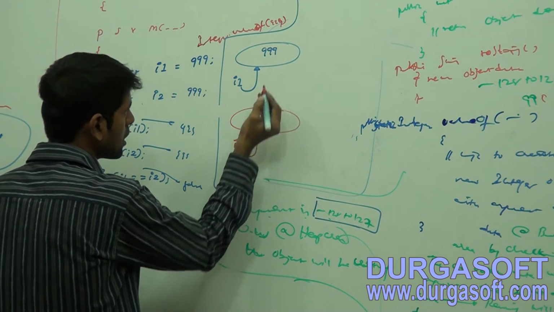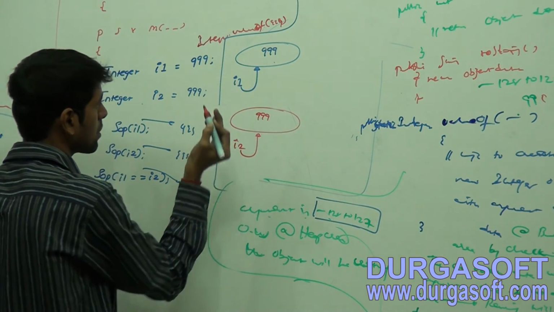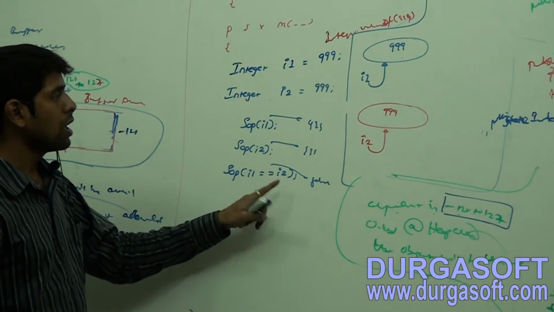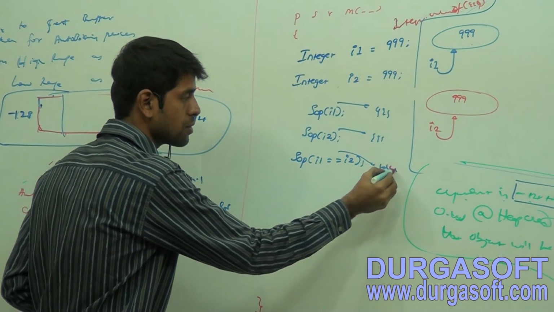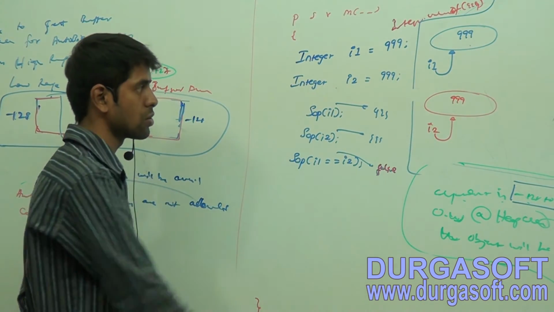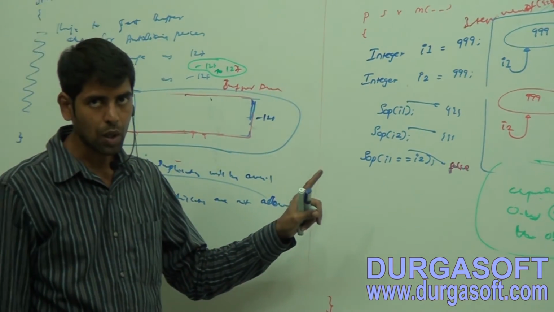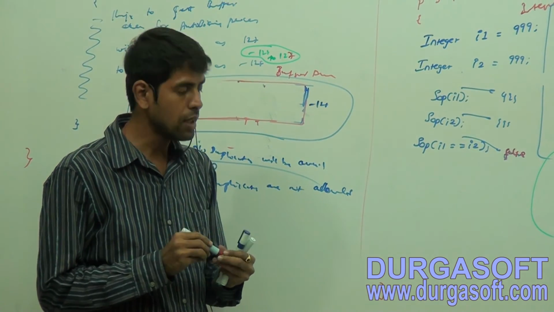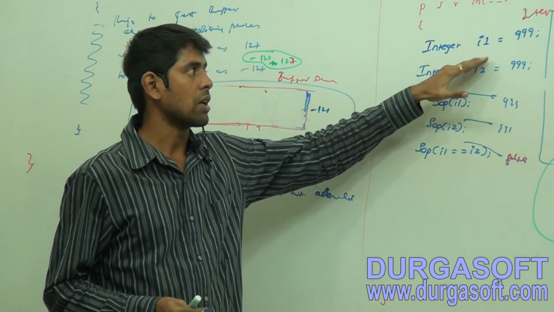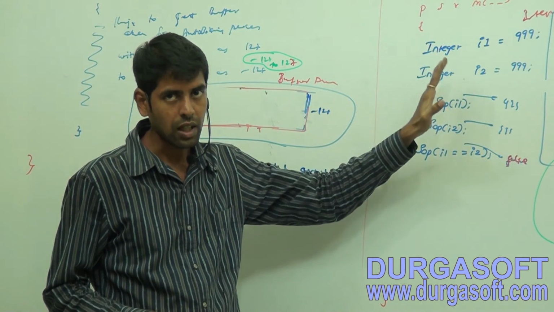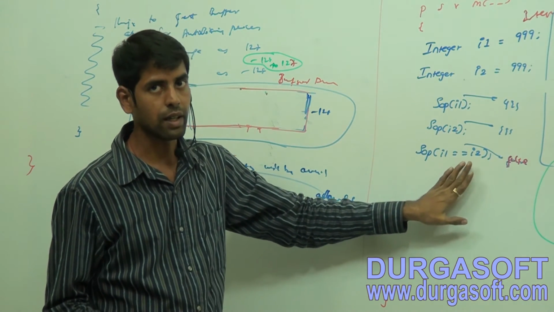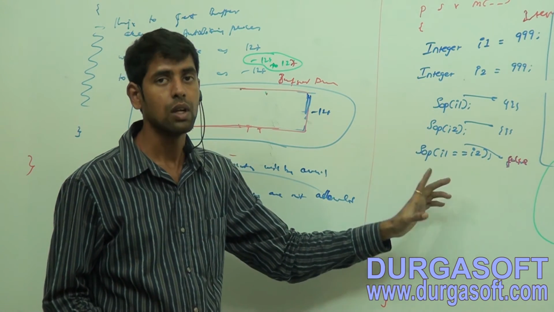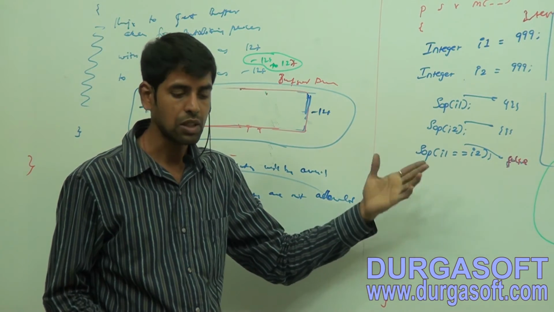The i1 object reference value and the i2 object reference value are both different. So that's why here you are getting false. So here I have taken Integer i1 equals 999 and Integer i2 equals 999, and I'm printing both the values and checking the reference variable values.